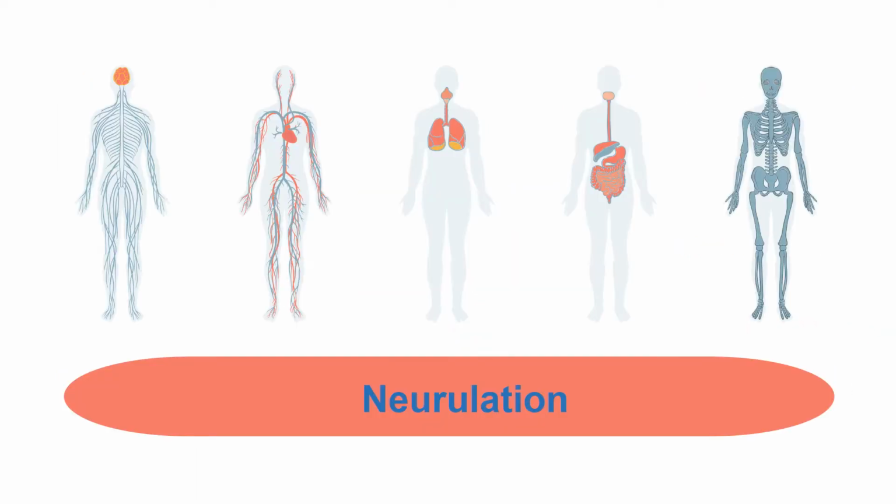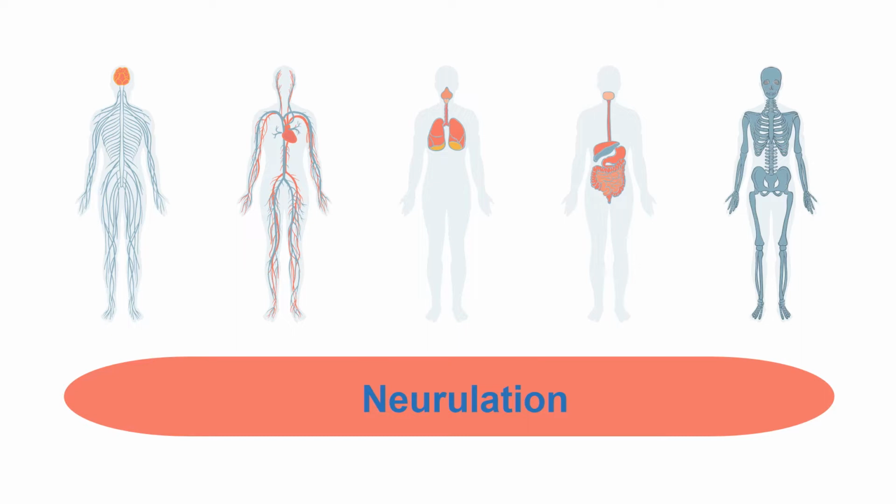Okay, so just before we start looking at neurulation, let me just preface by saying this. The nervous system consists of two main structural divisions, right? You have the central nervous system and you have the peripheral nervous system. The central nervous system itself consists of the brain and the spinal cord, and the peripheral nervous system consists of the rest of the nervous system that is outside of the central nervous system.